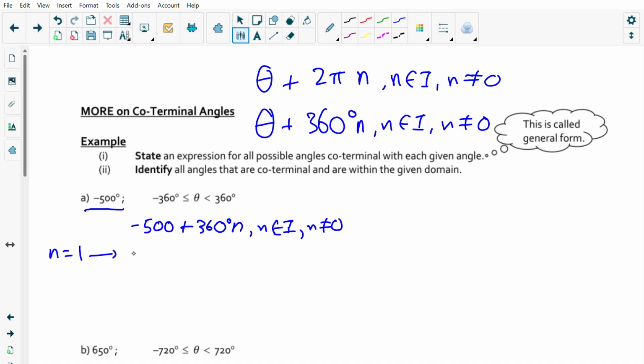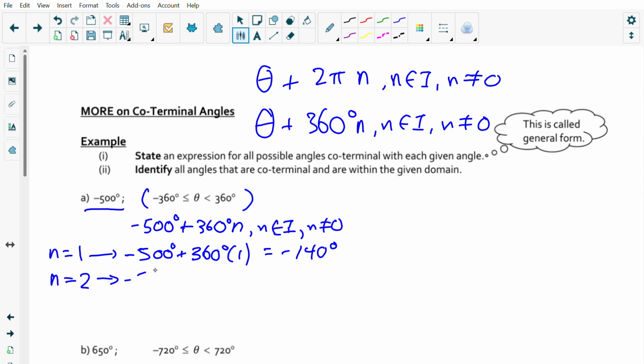For n equals 1, so that's negative 500 degrees plus 360 degrees times 1. That equals negative 140 degrees. That's still within my domain here. Okay. N equals 2. Negative 500 degrees plus 360 degrees times 2. That is 220 degrees.